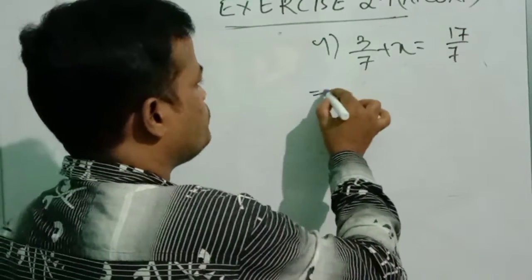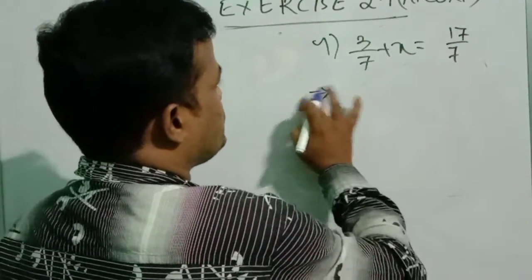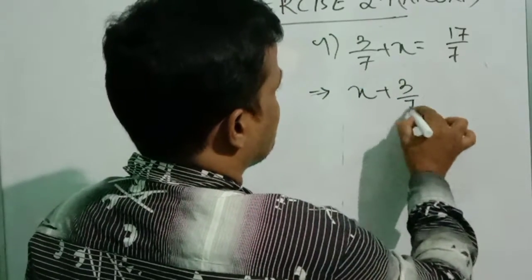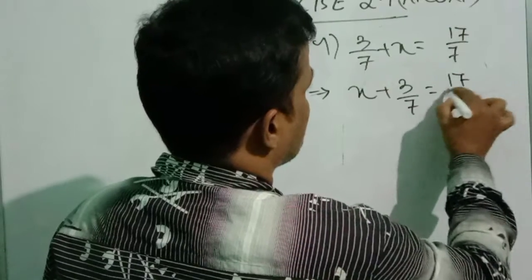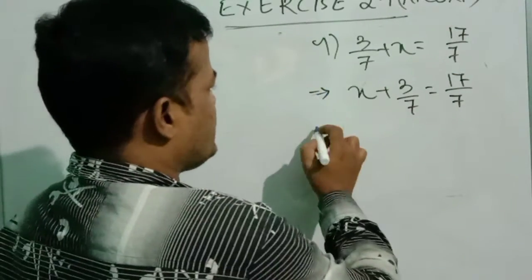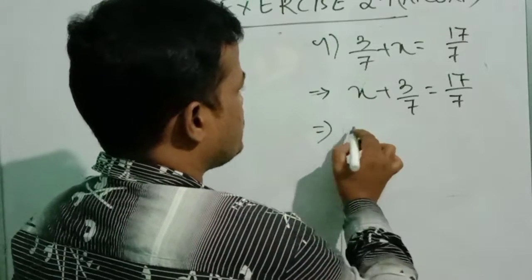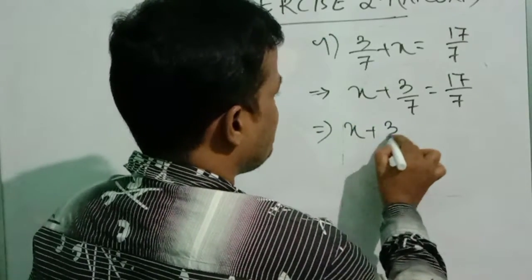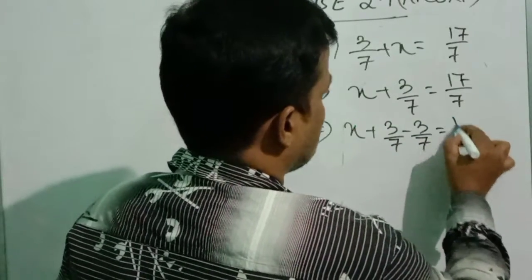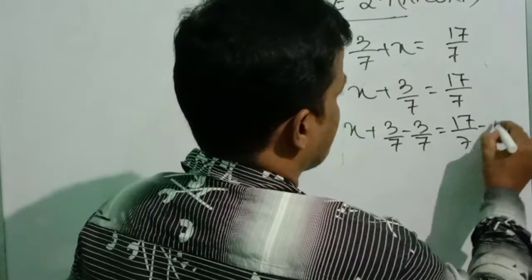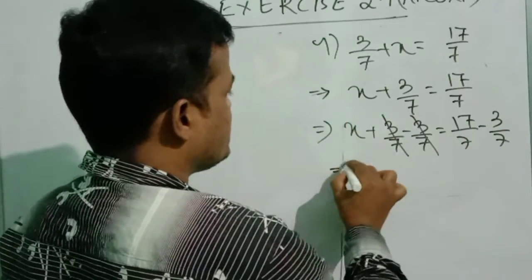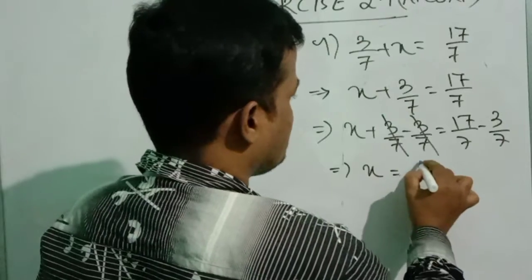Now let us write in this way, x plus 3 by 7 equal to 17 by 7. Just arranged, nothing else done here. So next, what will we do? Look, x plus 3 by 7 minus 3 by 7, now 17 by 7 minus 3 by 7. Now this is cancelled. So x is equal to what?